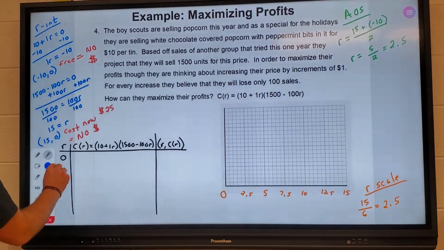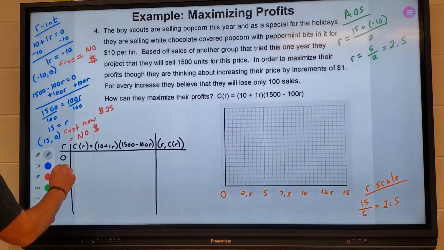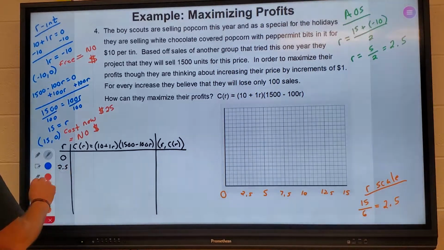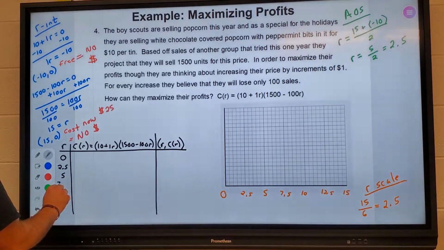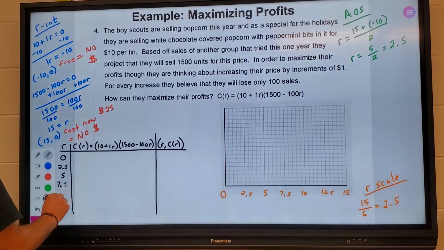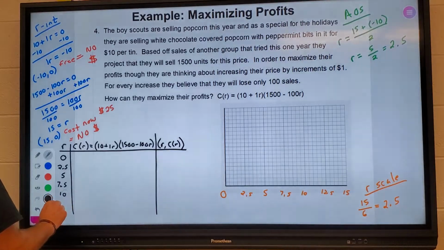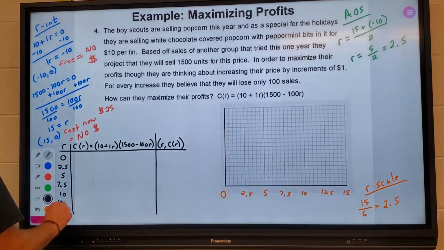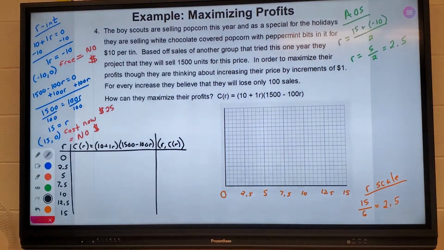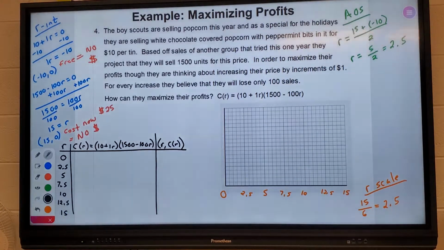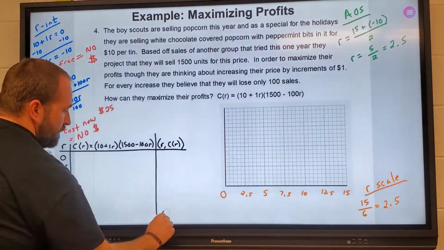So 0, 2.5, 5, 7.5, 10, 12.5, and 15. The nice thing here again is that the 15 we know is the intercept value, so we can have that already put down there. That's 15, comma, 0 using what we had before.